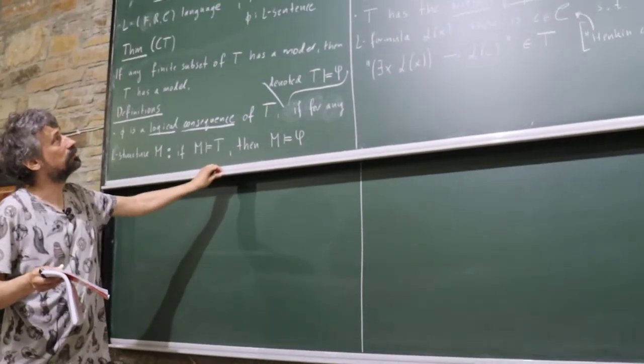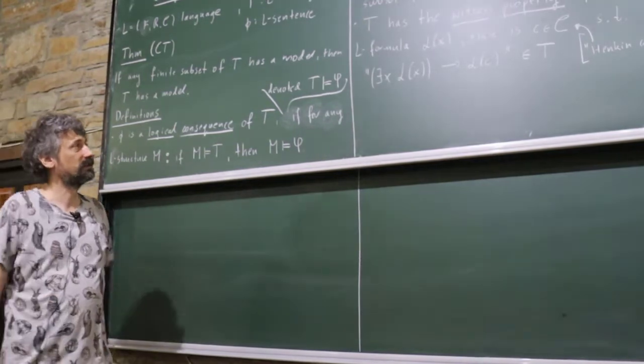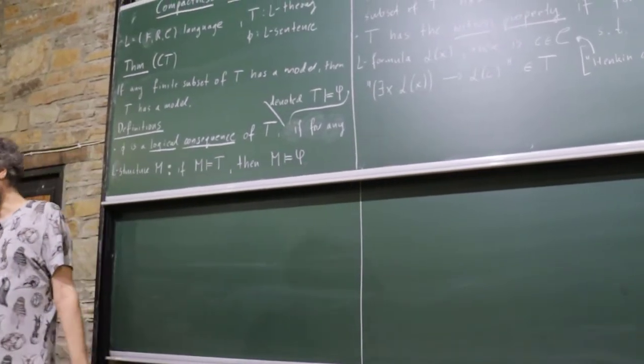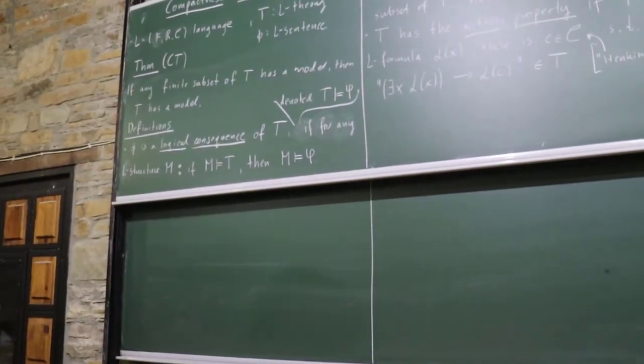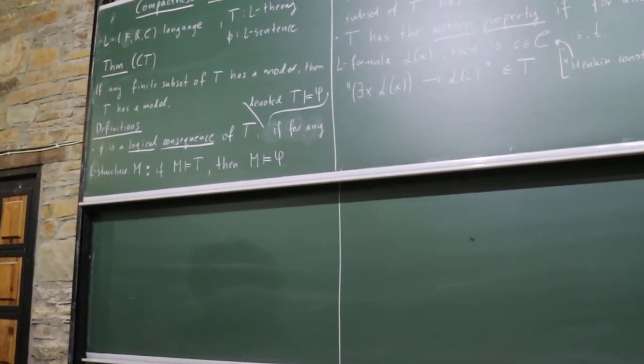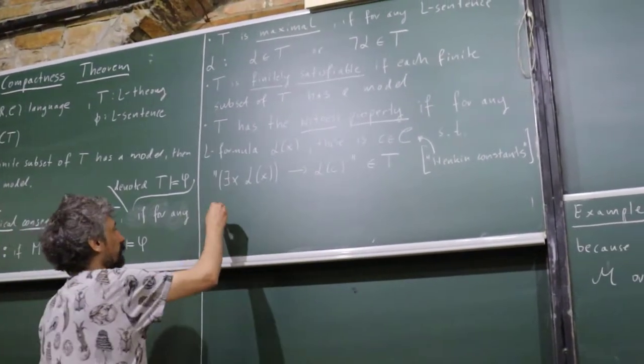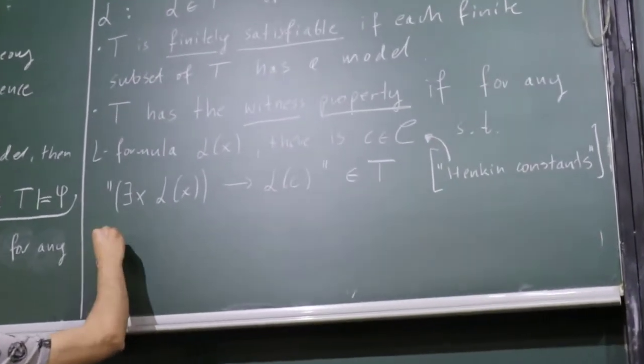You should think about it: imagine you have a model M of a theory with the witness property.